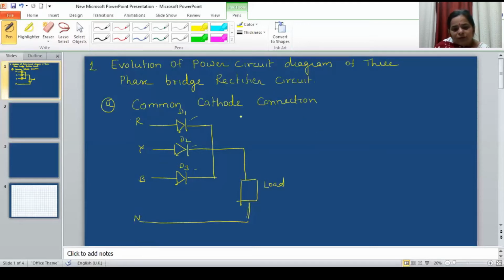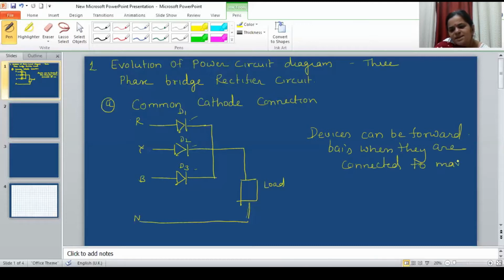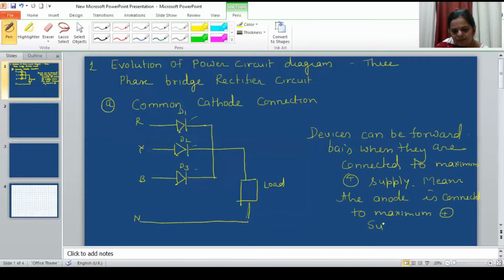So that means when the devices are connected in this fashion, devices can be forward biased when they are connected to the maximum positive supply, meaning the anode is connected to the maximum positive supply.